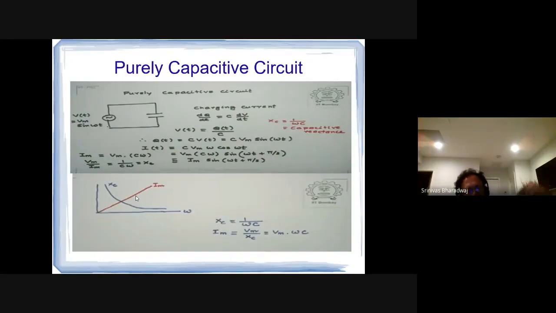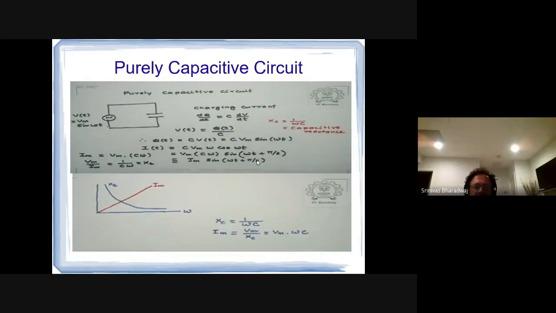The inductor was 90 degrees behind, right? The capacitor is going to be 90 degrees in front, plus pi by 2. The other one was minus pi by 2. Q is equal to CV, dq by dt is the current, so I equals dq by dt, which equals C dV by dt.